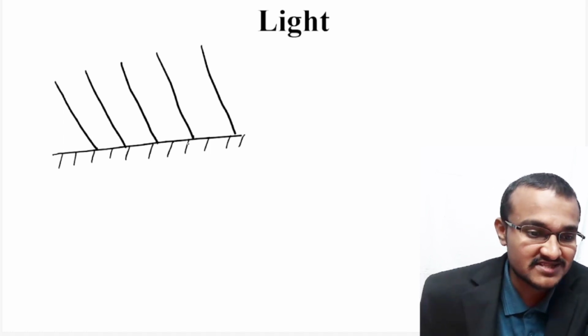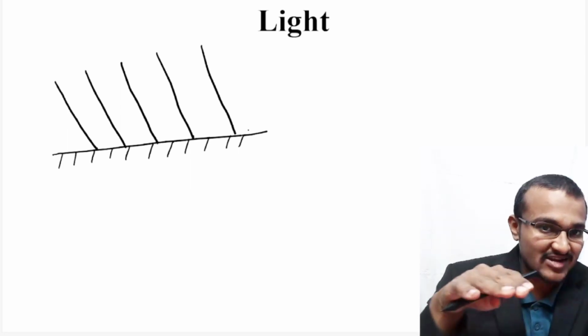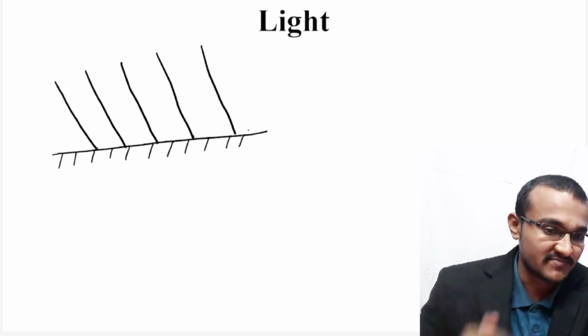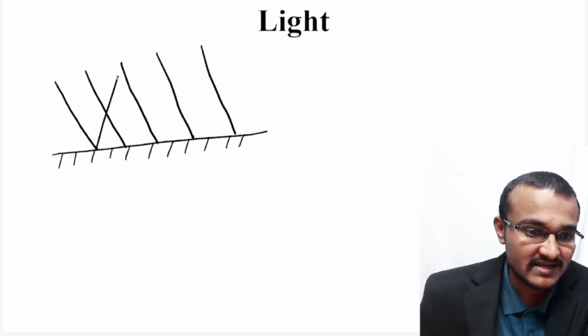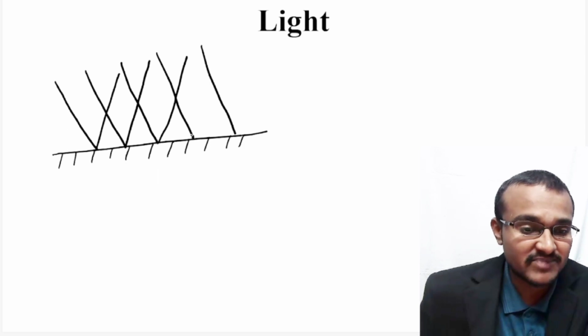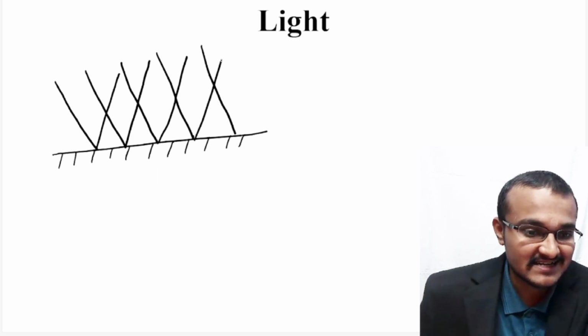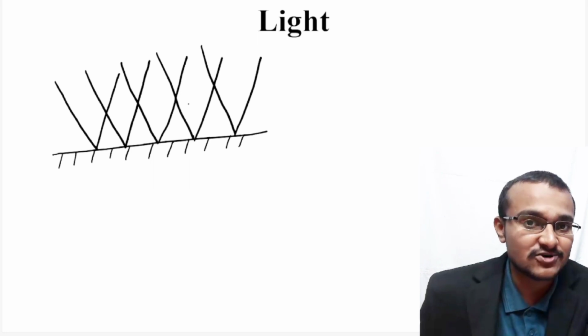Since this plane mirror is very much straight and there is no irregularity on its surface, the reflected rays will also be parallel to each other. So when all incident rays are parallel, all reflected rays will also be parallel.